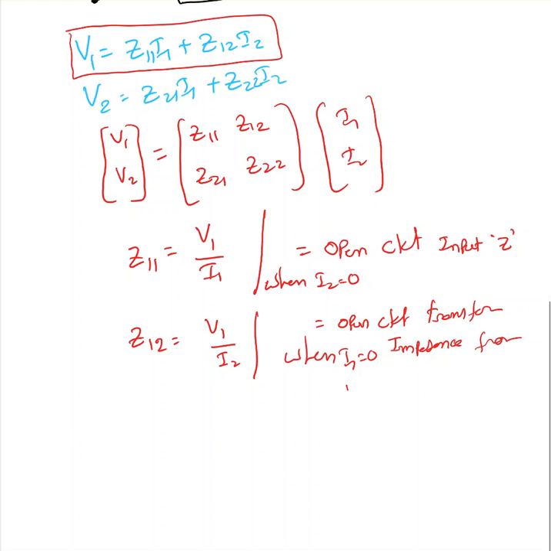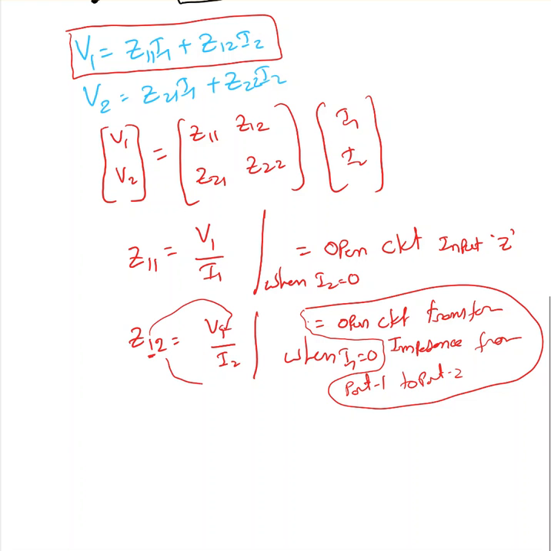So Z12 is open circuit transfer impedance from port 1 to port 2. You can see that the first letter is always in the numerator and the second letter is in the denominator. Z is impedance, which is V over I. So Z11 is V1 over I1, Z22 is V2 over I2.